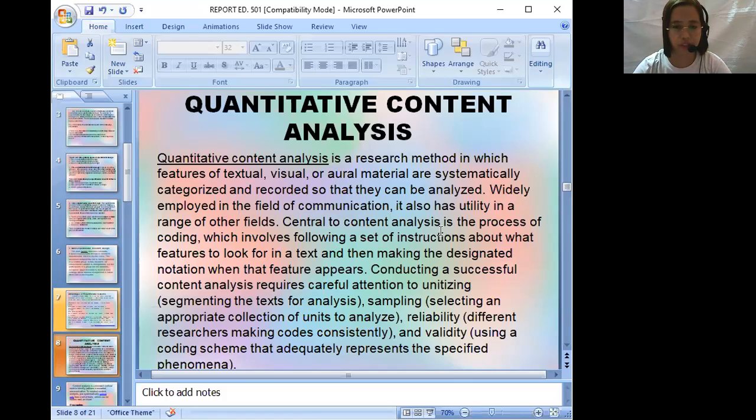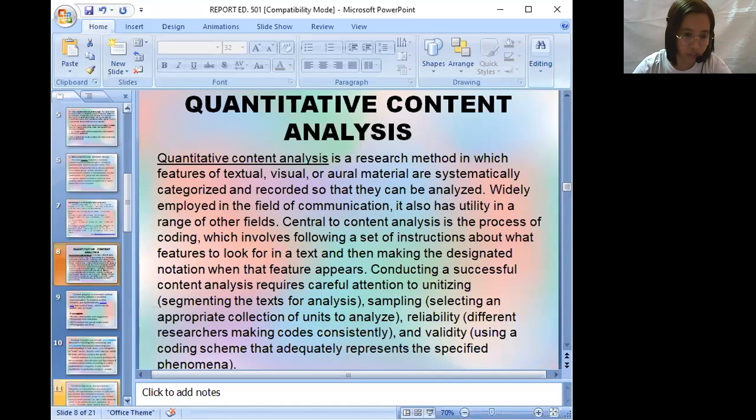Central to content analysis is the process of coding, which involves following a set of instructions about what features to look for in a text and then making the designated notation when that feature appears. Conducting a successful content analysis requires careful attention to unitizing or segmenting the text for analysis, sampling or selecting an appropriate collection of units to analyze, reliability, or the different researchers making codes consistently, and validity using a coding scheme that adequately represents the specified phenomena.